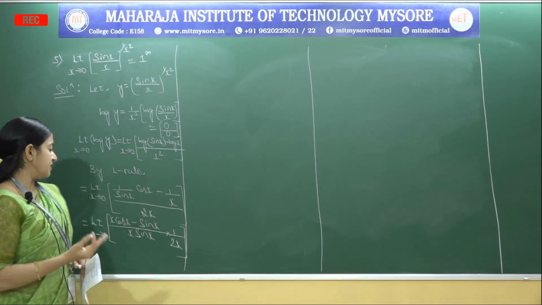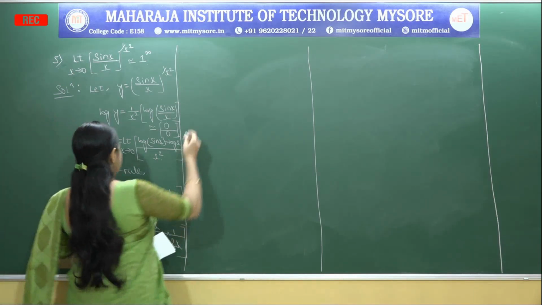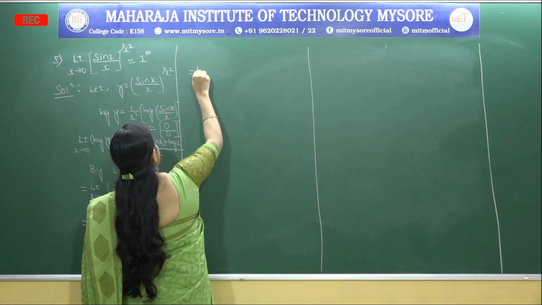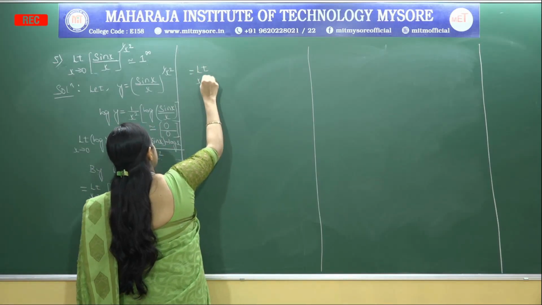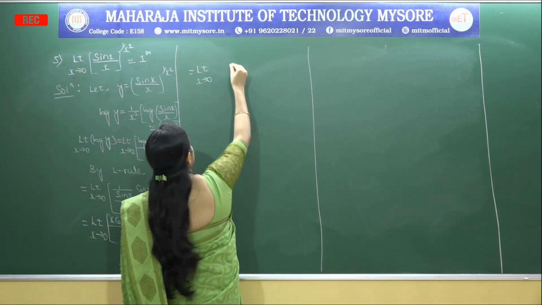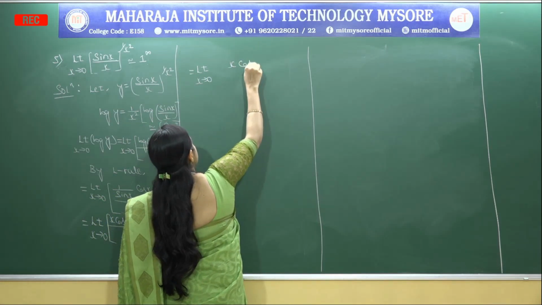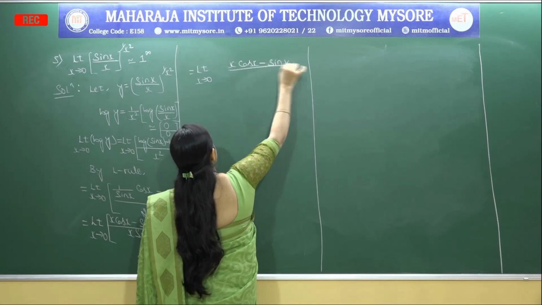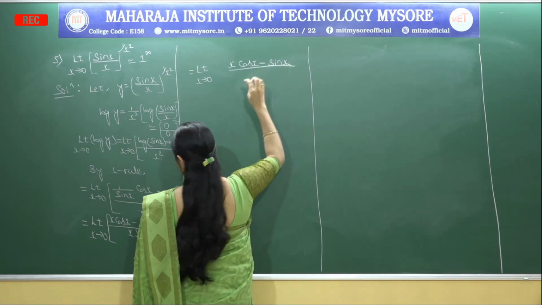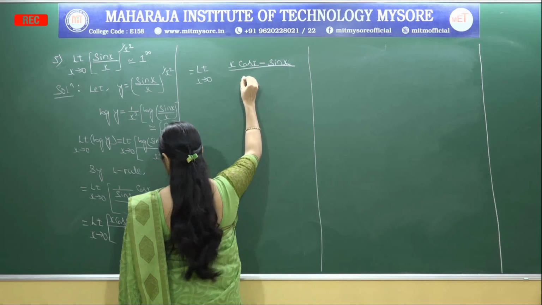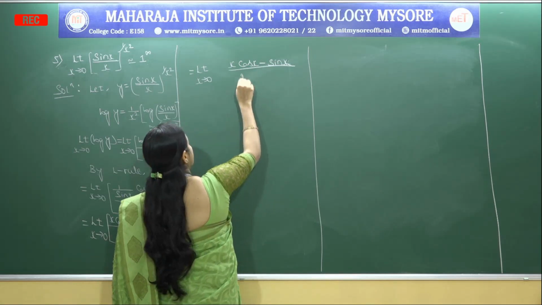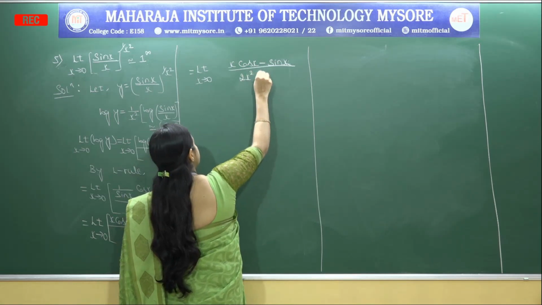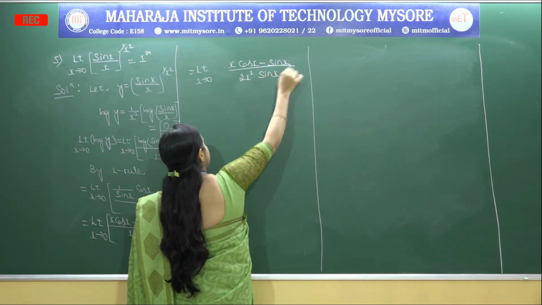First simplify this, then apply the property. So the limit as x tends to 0 of x cos x minus sin x, over 2x square sin x.